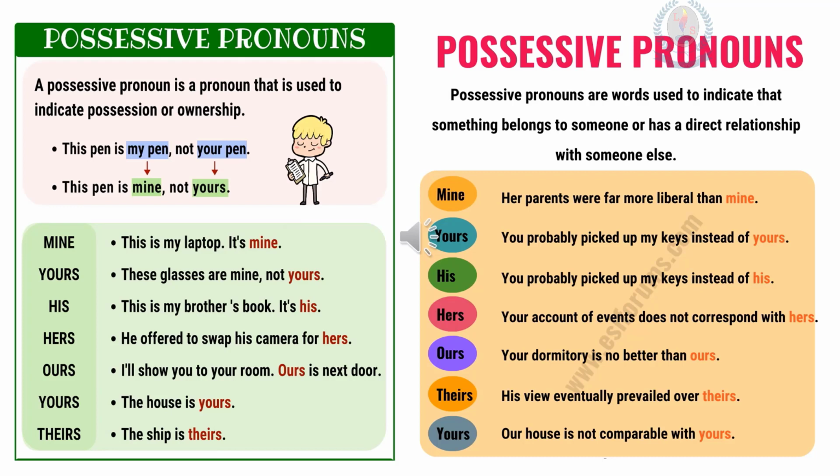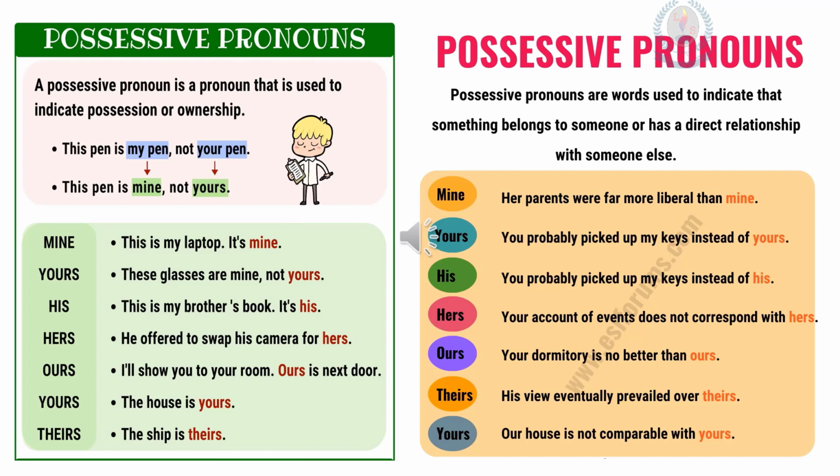It's his. Hers. He offered to swap his camera for hers. Ours. I'll show you to your room. Ours is next door. Now see the way the word ours is used there.